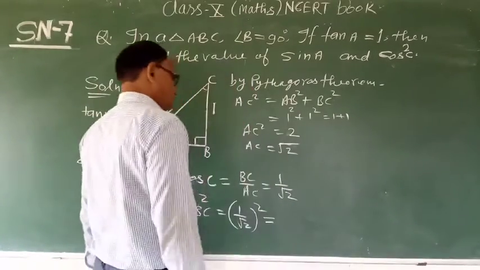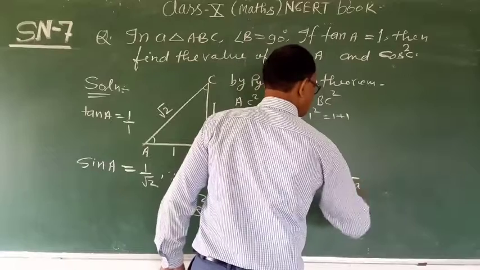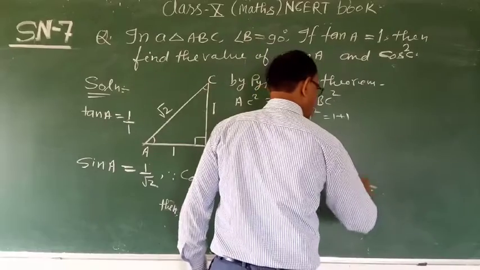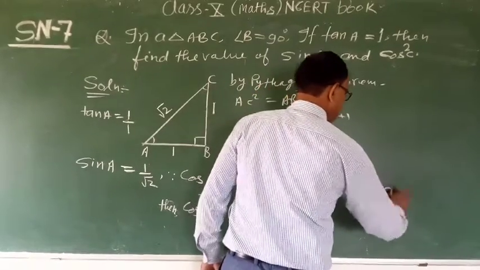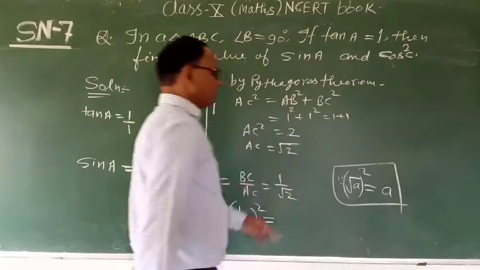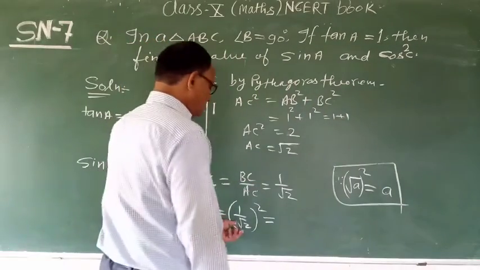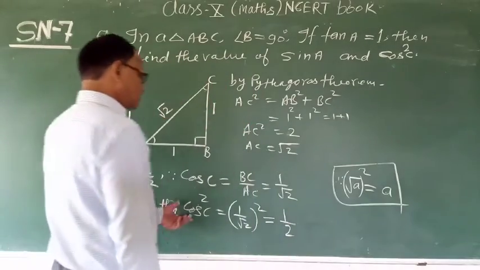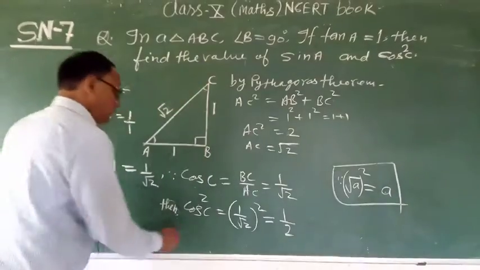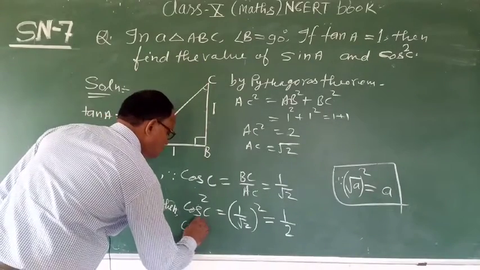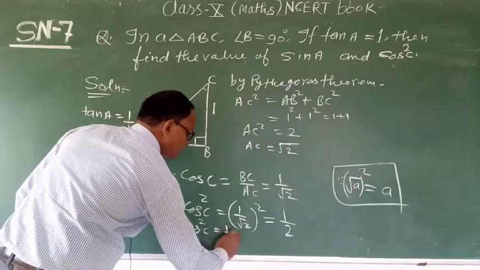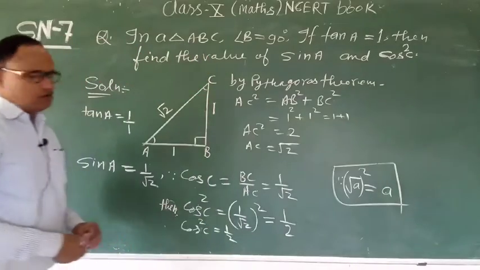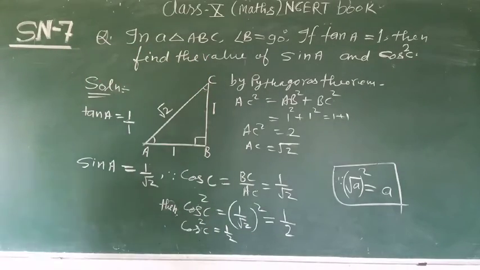Since the square of root 2 is 2, 1 by root 2 squared is equal to 1 by 2. Okay students, then cos square C is equal to 1 by 2. So okay student, these types of problems you can solve by this method.